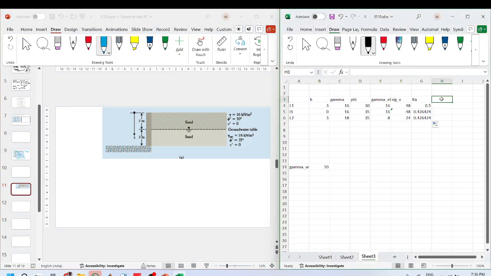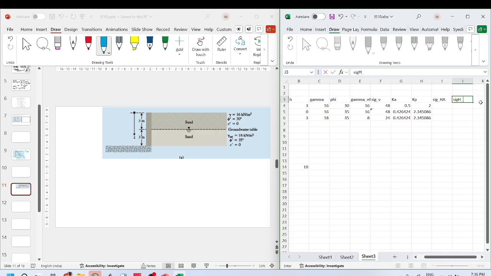Okay, so you will have a Kp of, then you have a sigma horizontal, Ka.